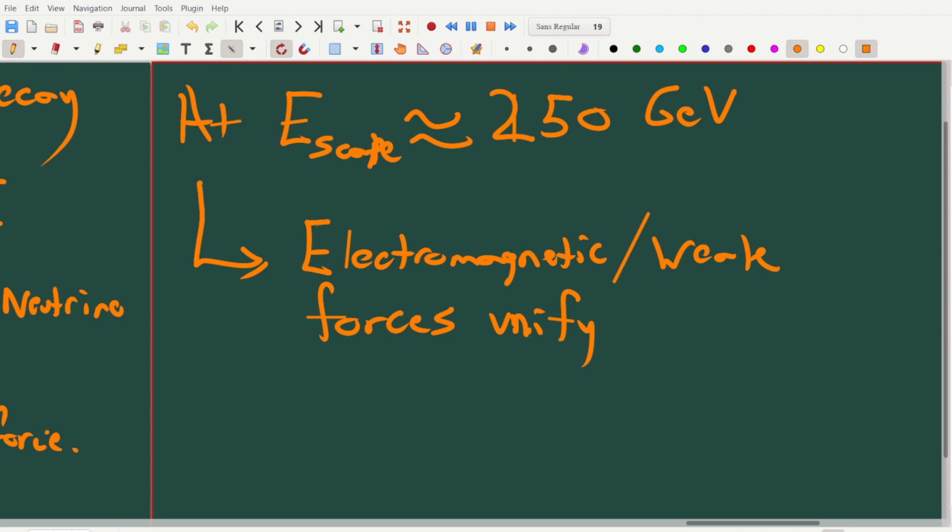At energies above 250, they all merge together into one. Everything interacts exactly the same. They unify. It's called the electroweak interaction. And when you go below 250 gigaelectron volts, they break apart into two separate forces with two different sets of particles, right? The photon is a massless particle that interacts with the electromagnetic field, and then you have two massive particles, a W and a Z boson, that interact with the weak.